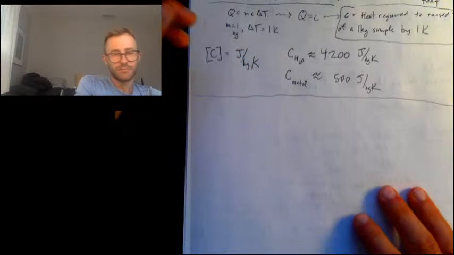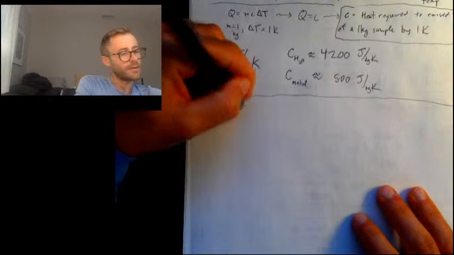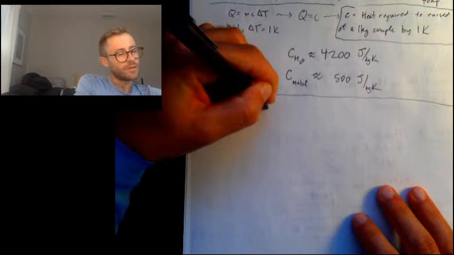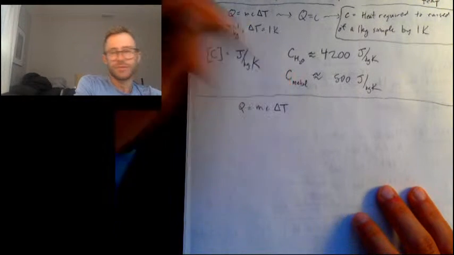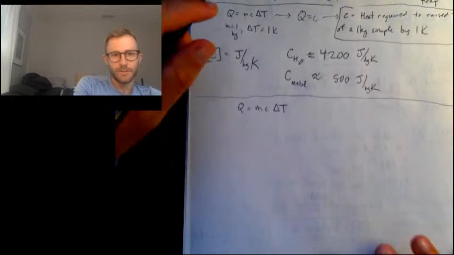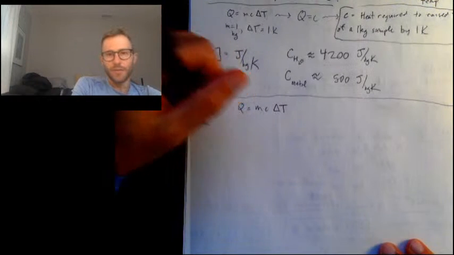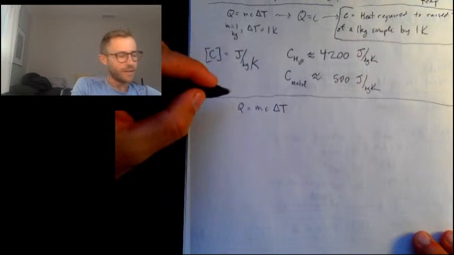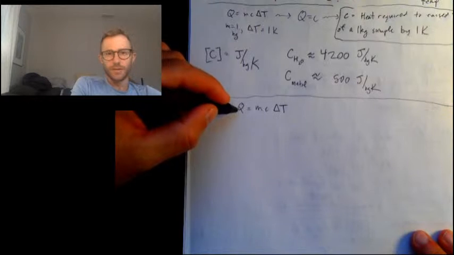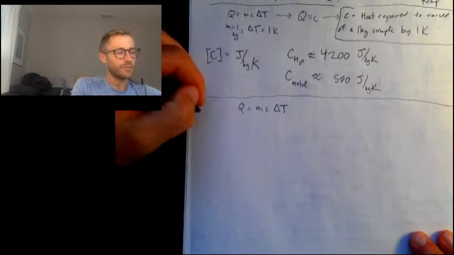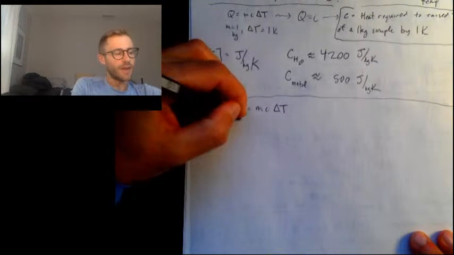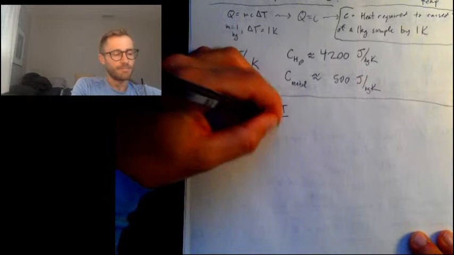I want to talk about a common equation you very often see on the IB exam. They take this equation, Q equals mc delta T, and they divide both sides by time.